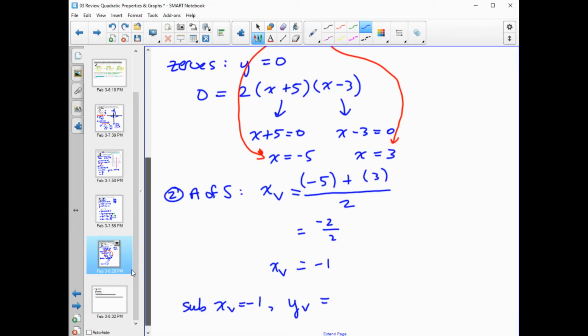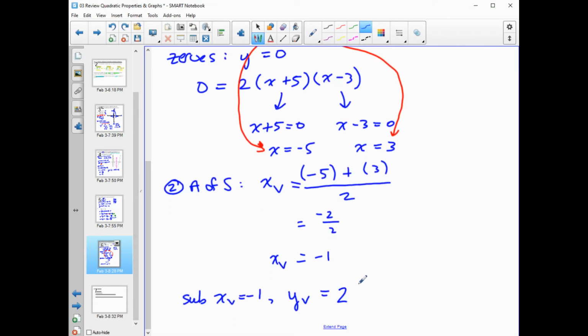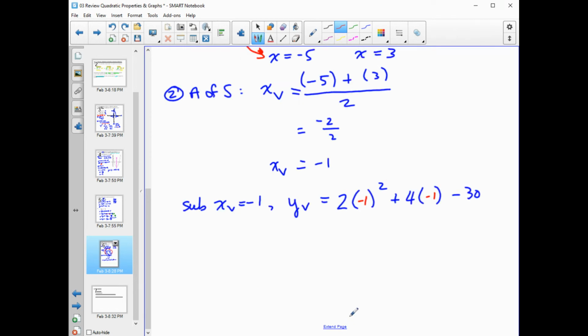2x squared plus 4x minus 30. So it's 2x squared plus 4x minus 30, but instead of x here, I've got a value of -1. So I'm going to substitute that -1 for x, and I end up with the y value of the vertex.